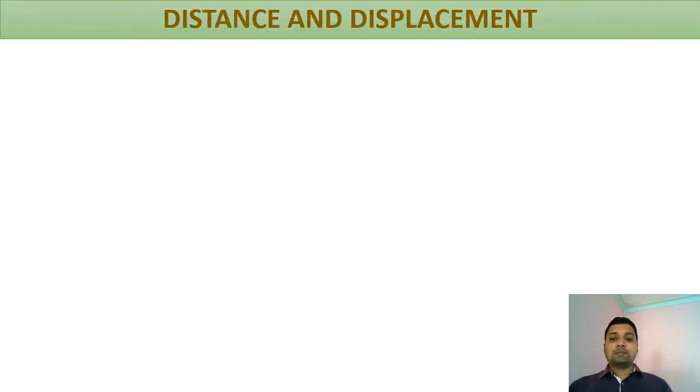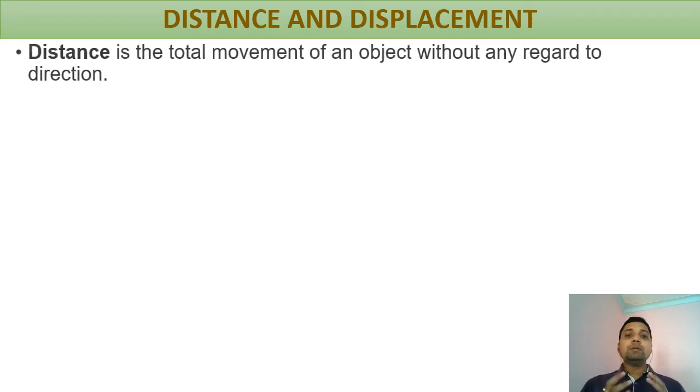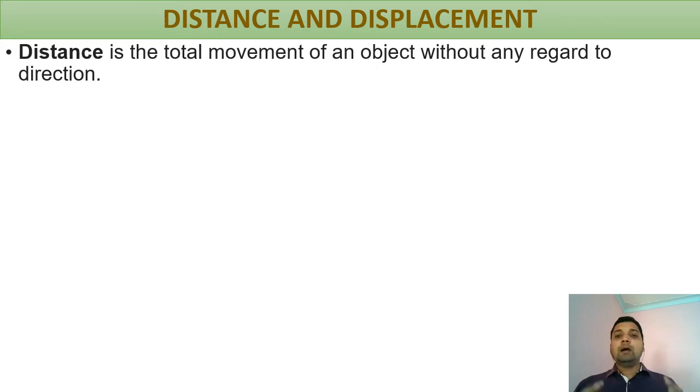Next one, here you can see distance and displacement. Distance means whenever a body starts moving, changing its position from the initial point from which it started to the point up to which it will reach, the length covered in that gap is the distance. Distance is the total movement of an object without specifying the direction.